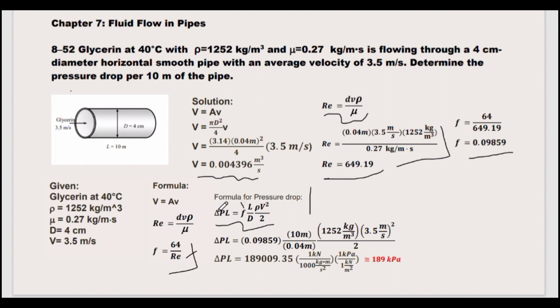Now we can solve for the pressure drop. The pressure drop equals the friction factor times the length over the diameter times the density times the velocity squared over 2. Plugging in the values, we have the friction factor 0.09859 times the length 10 meters over the diameter 0.04 meter times 1,252 kg per cubic meter times 3.5 meters per second squared over 2.